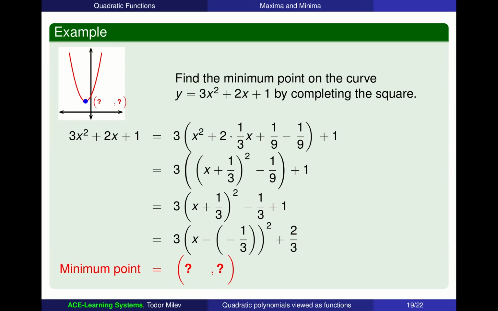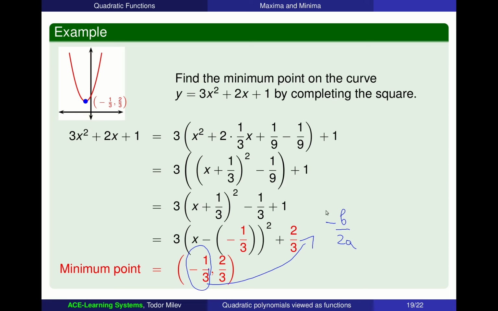Okay, so let's find the minimum point on the graph of our curve. What's that minimum point? What's its x-coordinate? I'm sure you guessed it correctly. The x-coordinate of my minimal point is negative 1/3. And if you remember, that was just the number minus b over 2a.